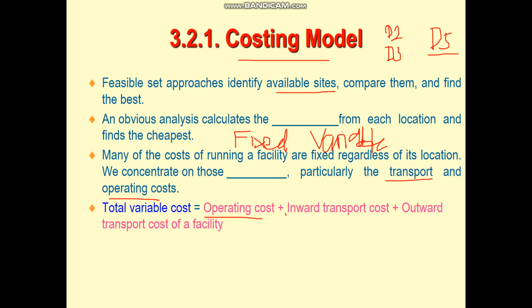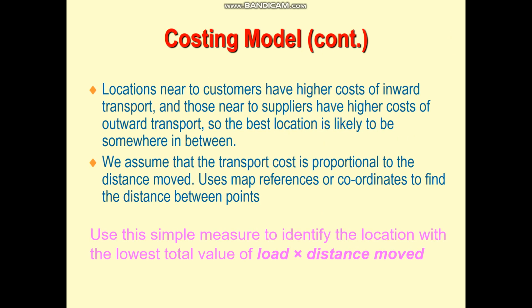Do you still remember what inward transport cost and outward transport cost are? From supplier to manufacturer, let's say you are the manufacturer, that is inward transport cost, and from manufacturer to customer, that is outward transport cost.